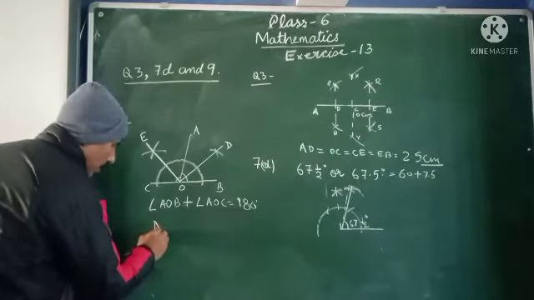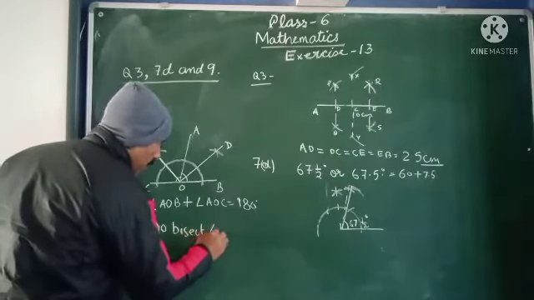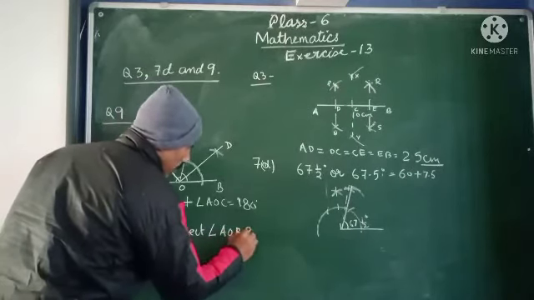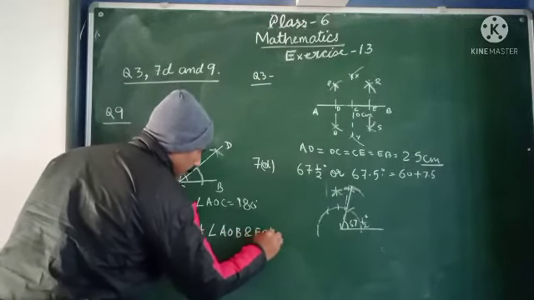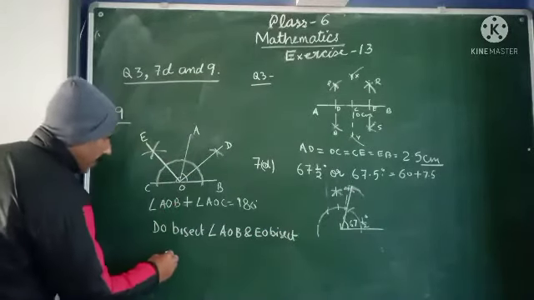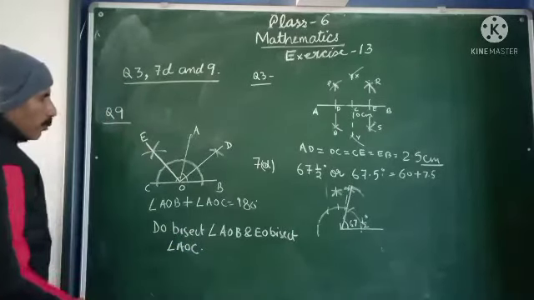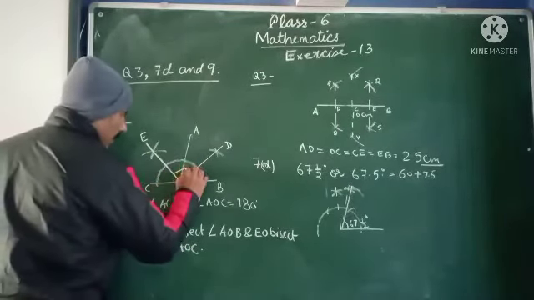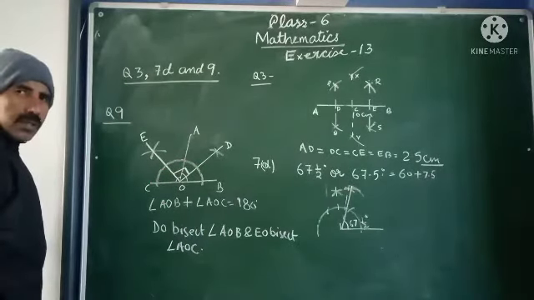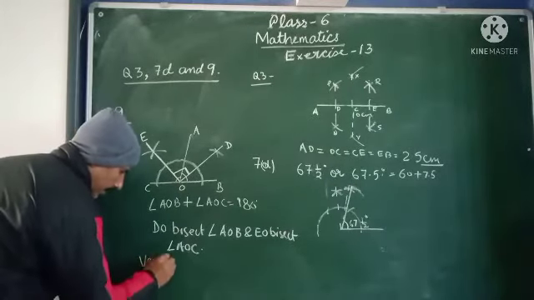You can write here: DO bisects angle AOB and EO bisects angle AOC. Now we have to verify that angle EOD is 90 degrees. So now see the verification.